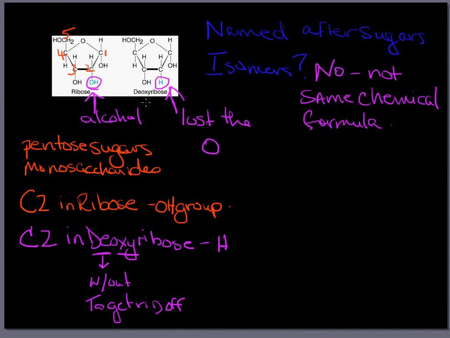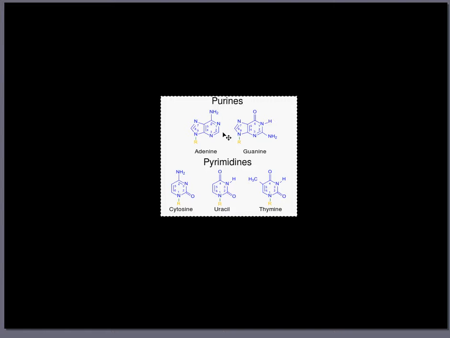So now let's take a look at their bases. I wish I had a bigger picture like you have in your notes, but the other ones are way too big to put into the video, and this one is just too small. But we have two types of nitrogen bases.